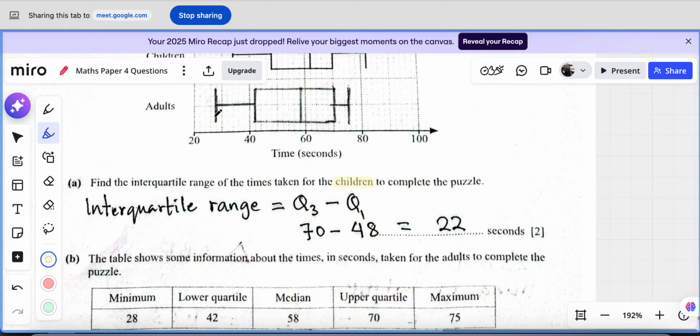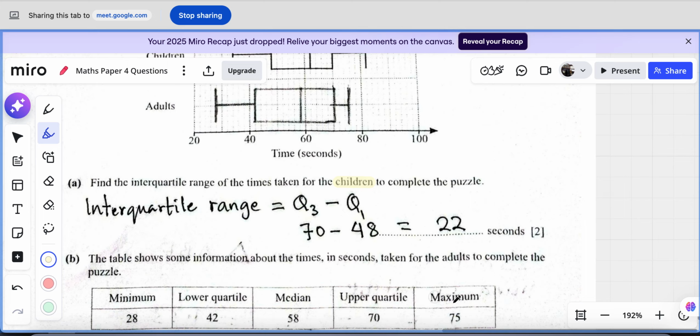Trace 28, you draw a line here. The lower quartile is 42. You trace 42, you draw a line for the lower quartile. The median is 58. Trace 58. Here is 60, here is 58. Draw a line here. The upper quartile is 70. Draw a line on 70.